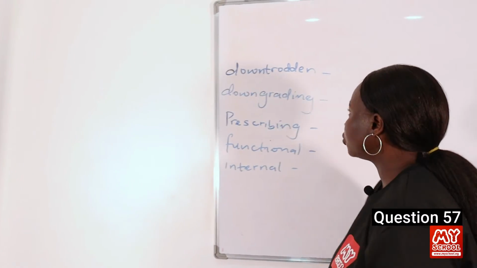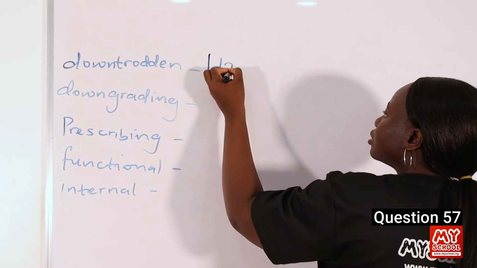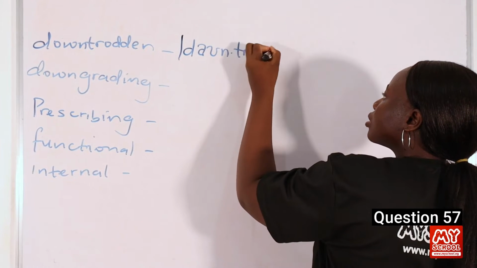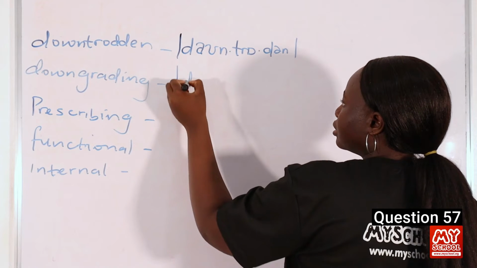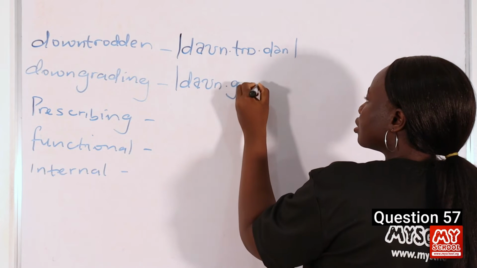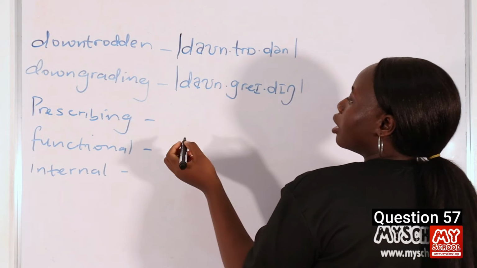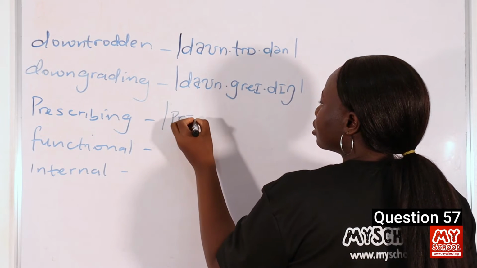So for the word downtrodden, it can be transcribed as this. The word downgrading can be transcribed as this. The word prescribing can be transcribed as this.